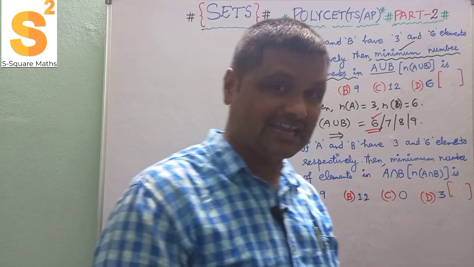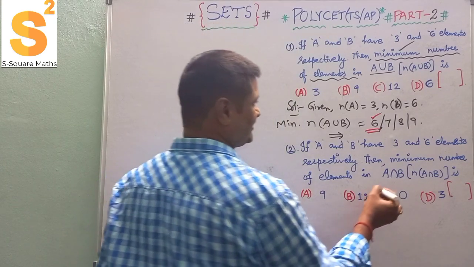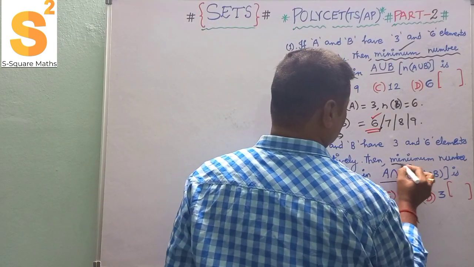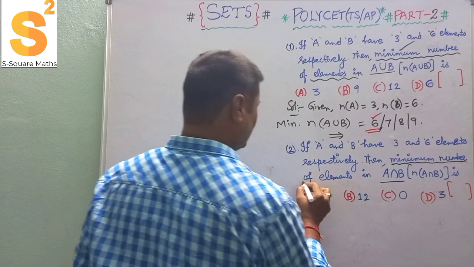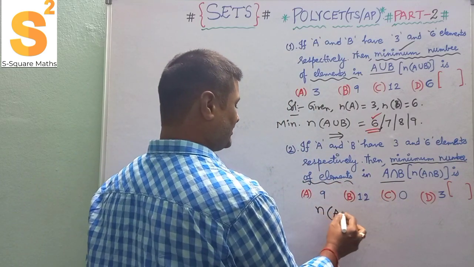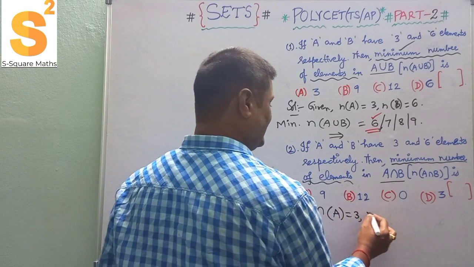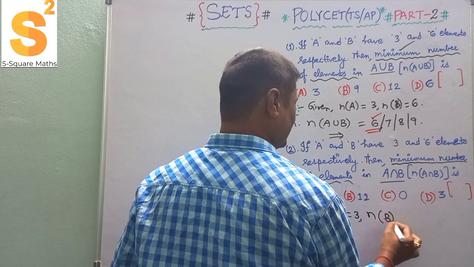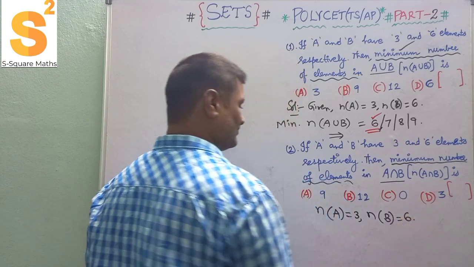Next, coming to: if A and B have 3 and 6 elements respectively, then the minimum number of elements in A intersection B. So again, given n of A is 3 and n of B is 6.